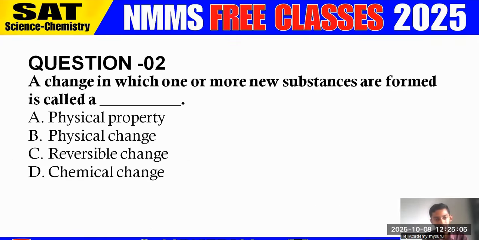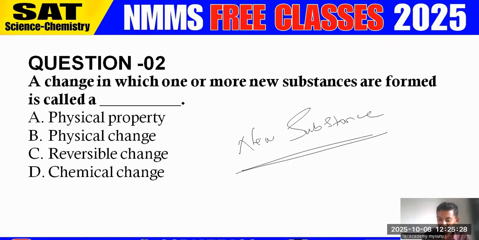Then question number 2 says that a change in which one or more new substances are formed is called a. I already explained that the change in which a new substance is forming, we call it a chemical change.